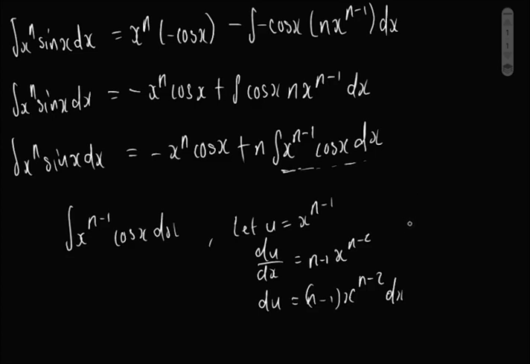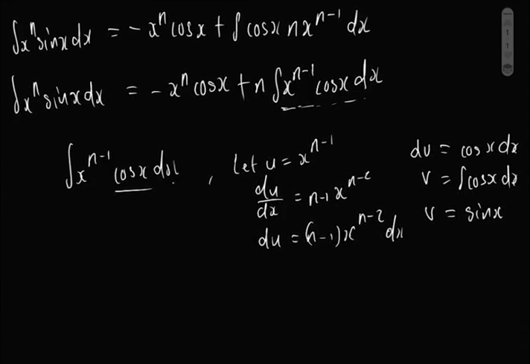And therefore I can now say my dv is equal to this one, which is cos x dx. And that means v is the integral of cos x dx. And that means v is equal to sine x.